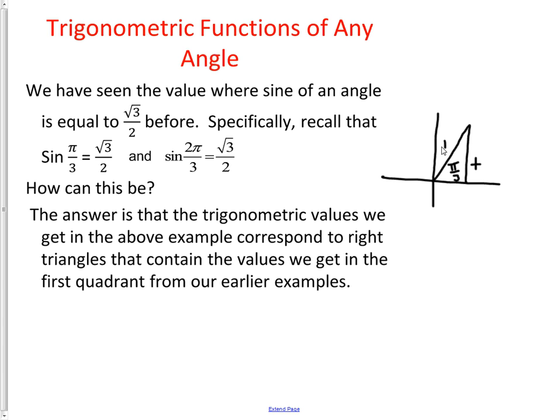The hypotenuse is always considered a positive value. And then when we went to 2 pi over 3, even though we were in the second quadrant, our opposite side and hypotenuse are also positive. That is because all students take calculus. Sine is positive in quadrants 1 and 2. So we're going to use that to our advantage.